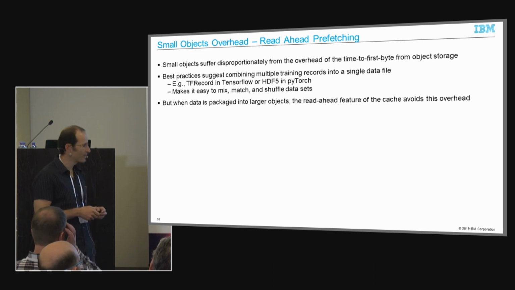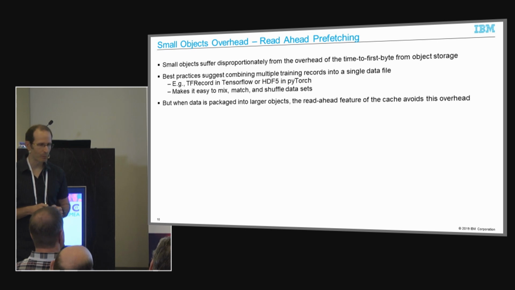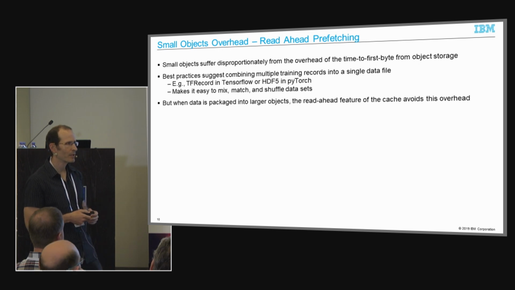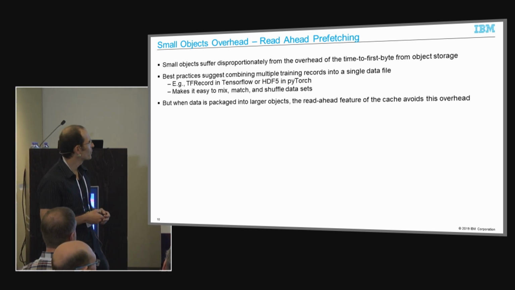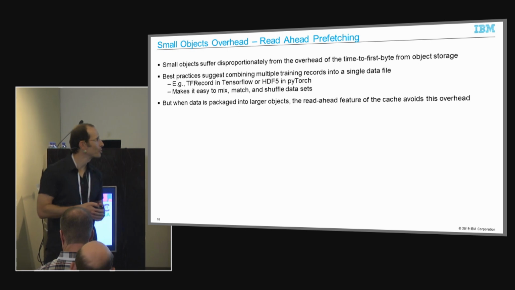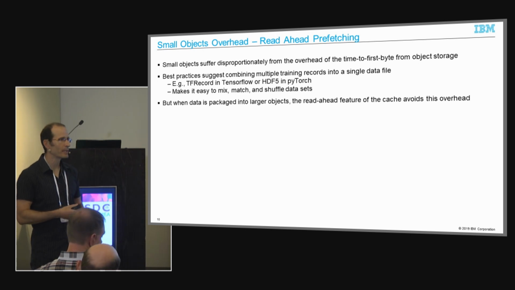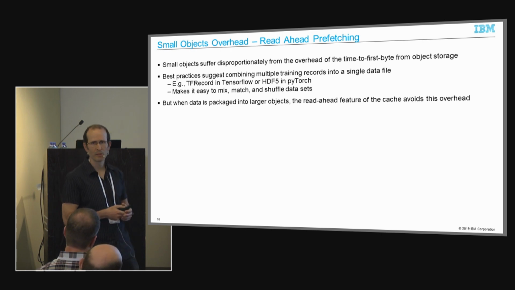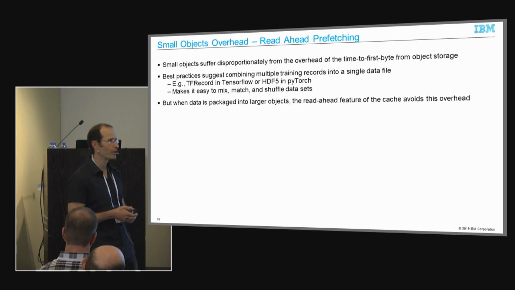So doing that helps us in a number of ways. First of all, it lessens the cost of reading small objects and reaching the first byte. In addition to that, it also really enables us to provide some sort of a read-ahead prefetching. I call that poor man's read-ahead prefetching. If you remember, I told you we're reading in chunks.